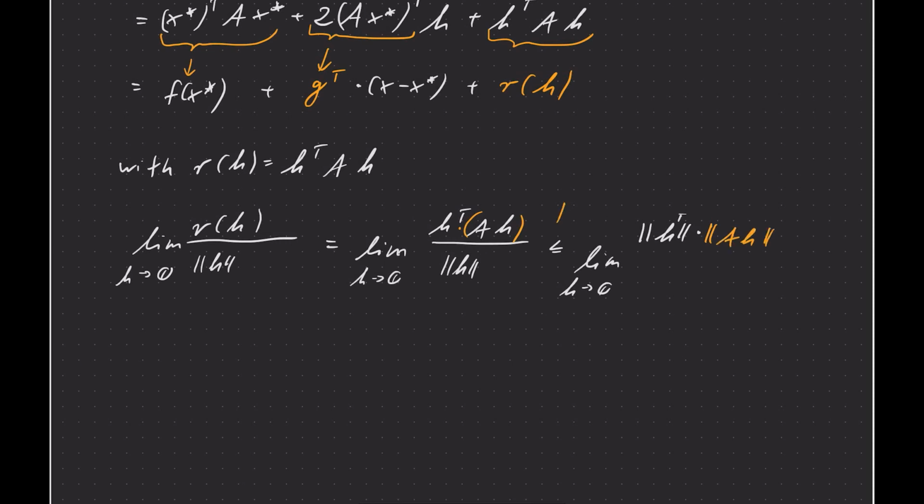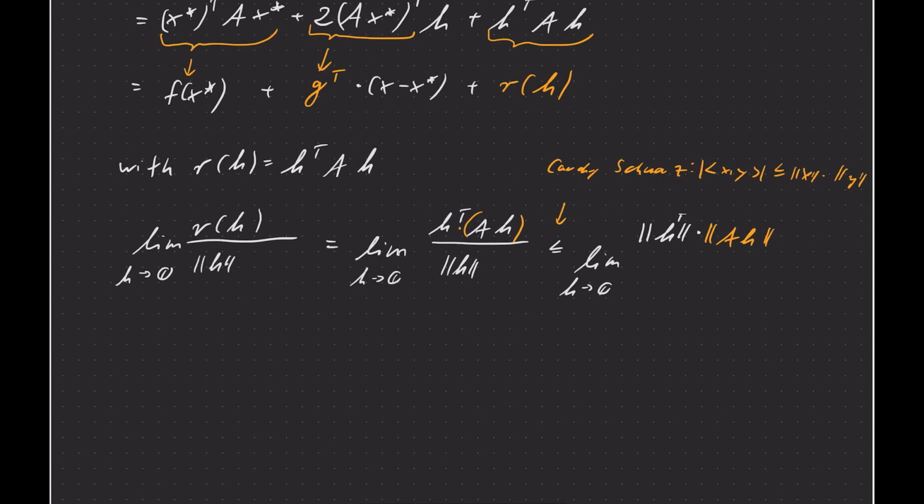Okay, so that is due to the Cauchy-Schwarz inequality. Let's state that once more. Cauchy-Schwarz inequality says the scalar product of two vectors x and y, or even the absolute value, is less or equal to the norm of x times the norm of y.